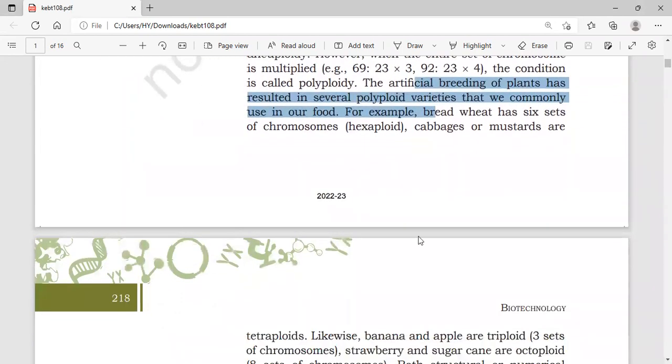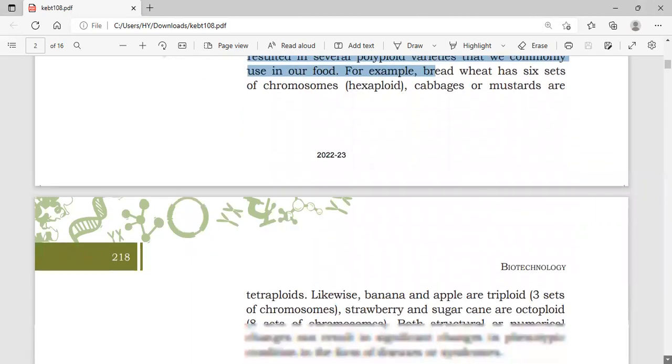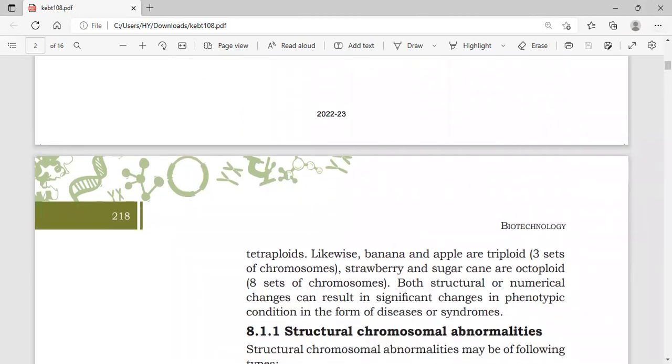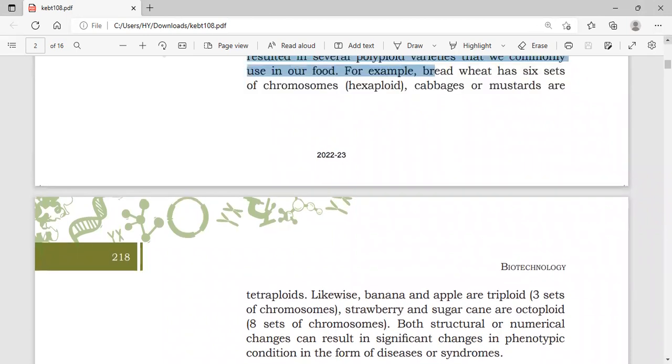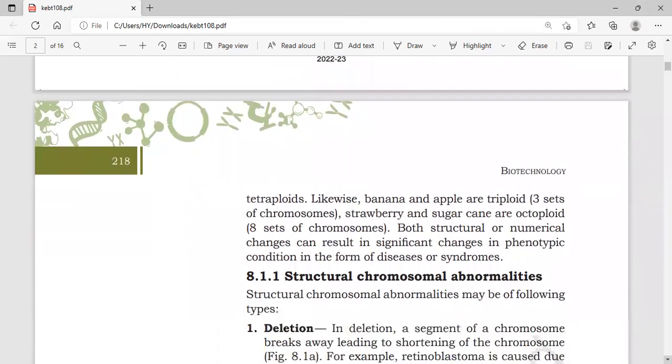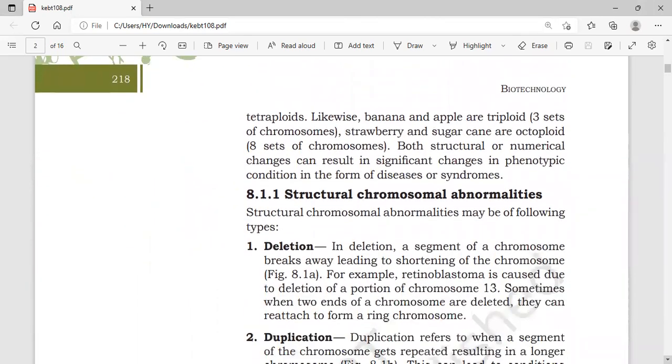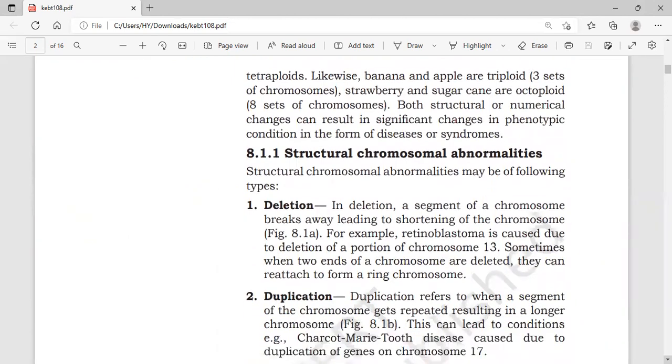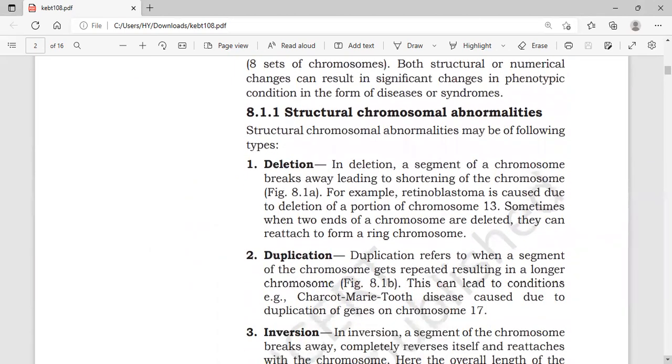For example, bread wheat has 6 sets of chromosomes, hexaploid. Cabbage and mustards are tetraploids. Likewise, banana and apples are triploid, 3 sets of chromosomes. Strawberry and sugarcane are octaploid, 8 sets of chromosomes.